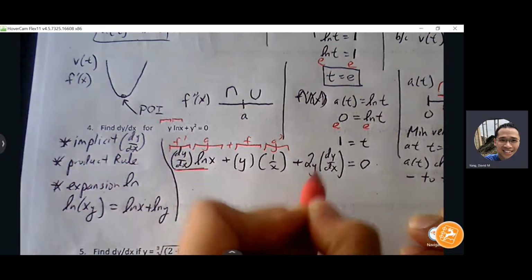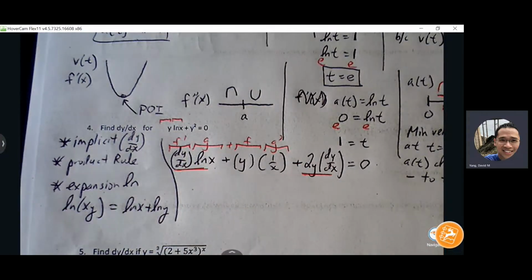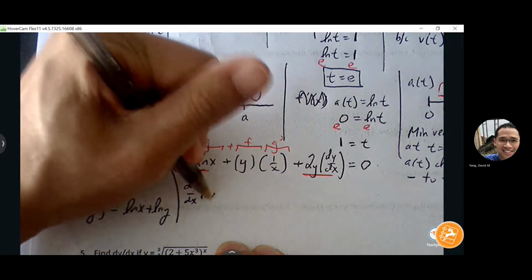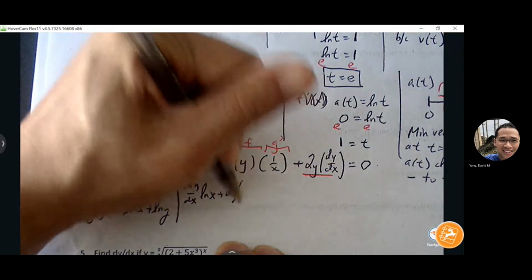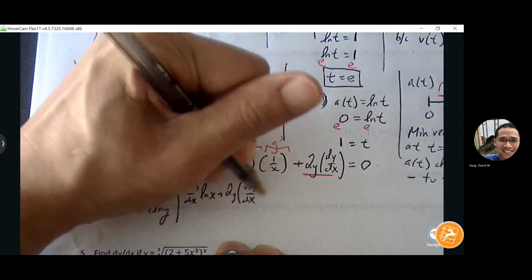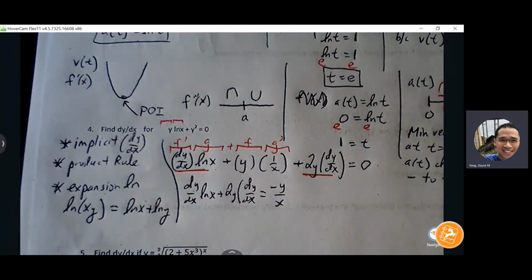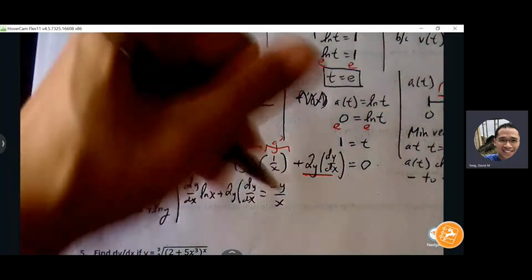Okay. All right, so my calculus is done. Now I can just try to collect my dy dx's here. I'll merge the y over x together as a fraction, move it over to the other side, make it negative y over x.